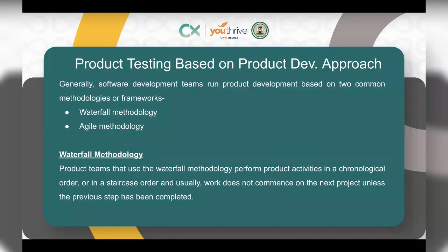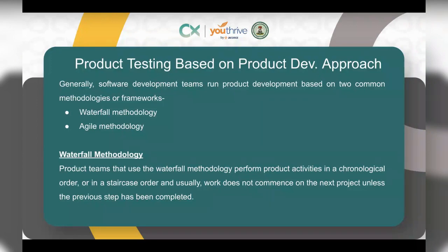They are the waterfall methodology and the agile methodology. Those of us who are project managers will be familiar with these terms, and if you recall, we've discussed agile methodology and agile frameworks earlier on. But like I said, in understanding which testing method to select for your products, you need to understand which of these methodologies your organization is running in terms of product development, right?